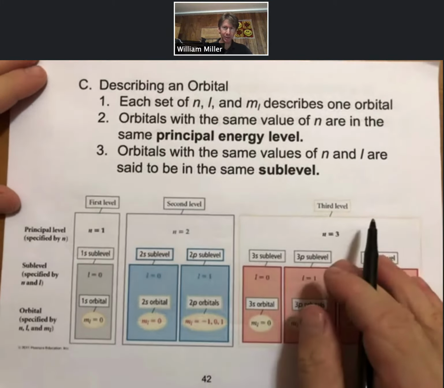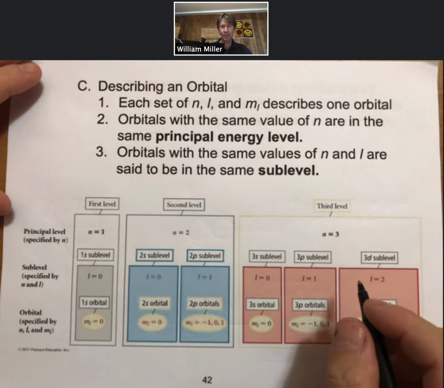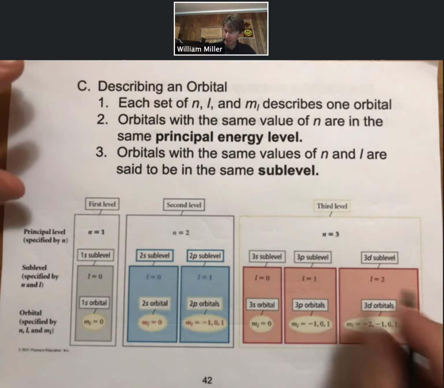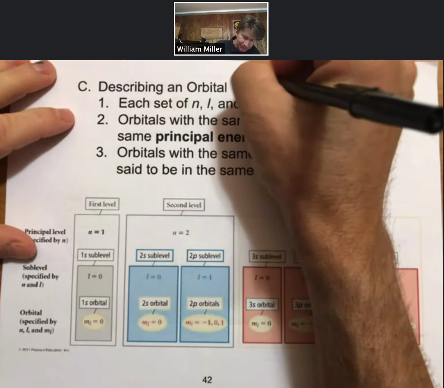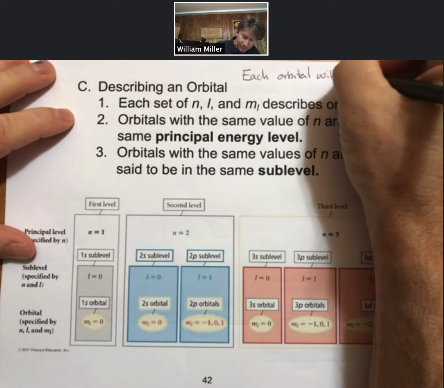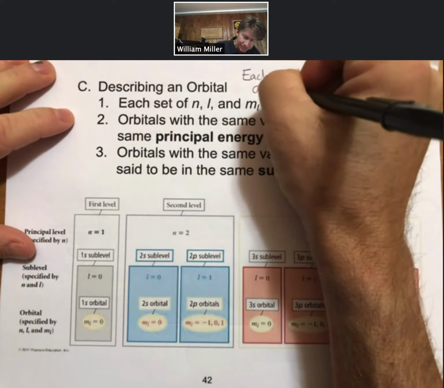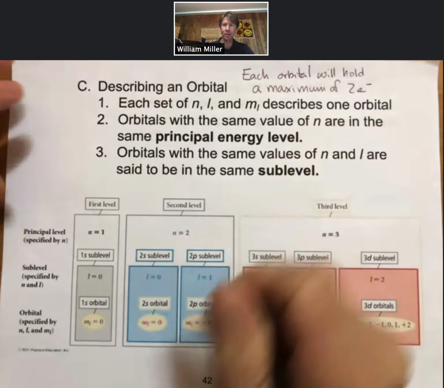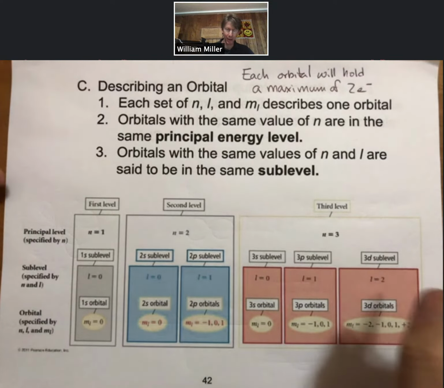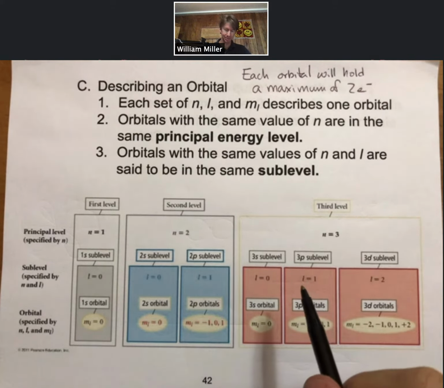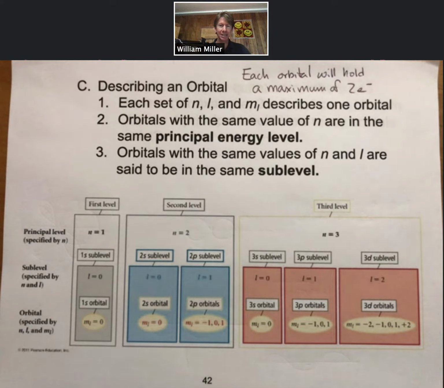Now, before I go on, let me just say that each orbital will hold a maximum of 2 electrons. It can hold less, it can hold 1 or 0, but each orbital will hold a maximum of 2 electrons, and that's why we're building up this picture of orbitals, so we can know what spaces the electrons are in and then put the electrons in.